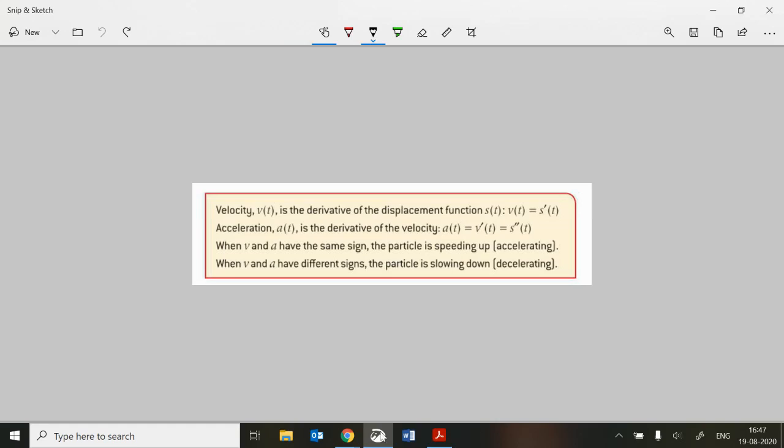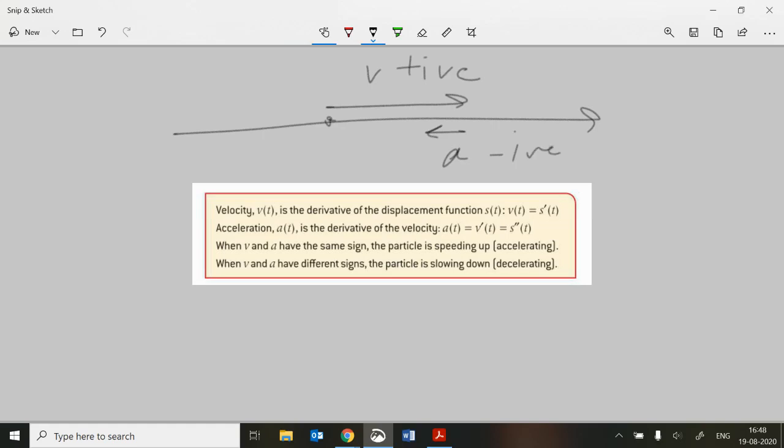Okay, so when V and A have different signs, let's think: we're starting here and going up this line, and let's say that the velocity is positive. If the acceleration is negative, that means that we are slowing down bit by bit each time. So if the original velocity is, say, 10 and A is -1, then we're slowing down by 1 for every extra 1 we add on to T. Okay, so that's deceleration. Now let's look at it the other way around.